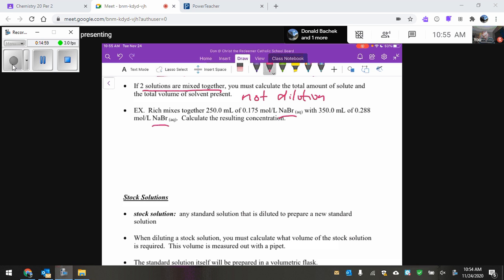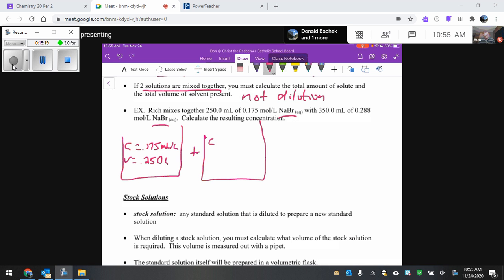In the first beaker, I have a concentration of 0.75 molar and a volume of 250 milliliters. I'm going to add this to another beaker, which is 0.288 molar and 350 milliliters.